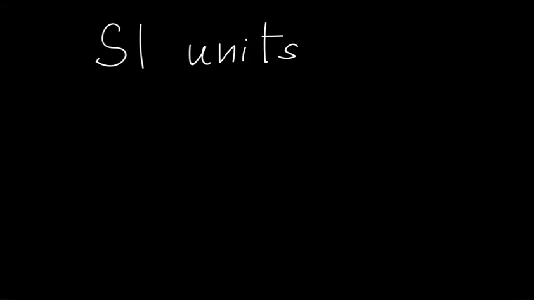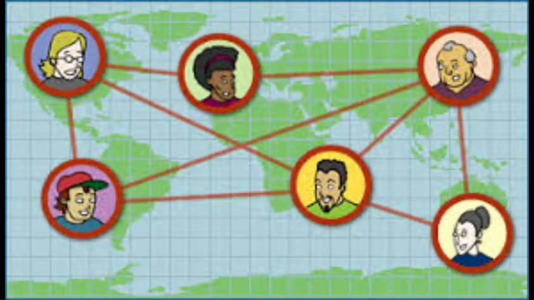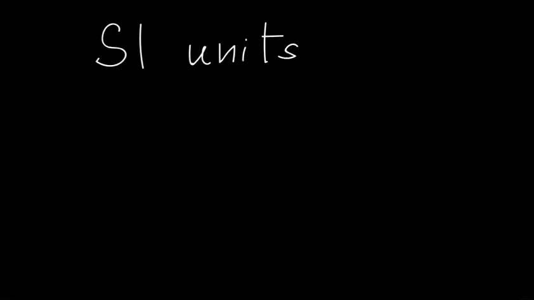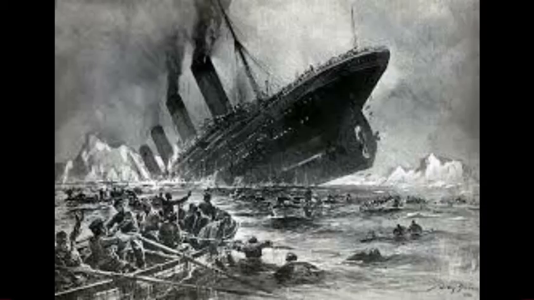It's extremely important to use the same units of measure all around the world because scientists from different countries often work together. If they use different units, tragedies that cost millions of dollars are inevitable.